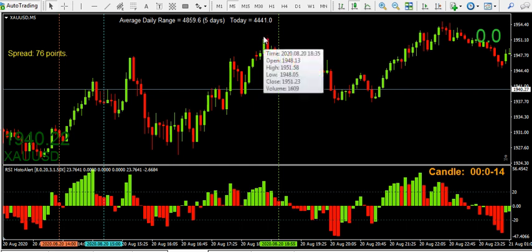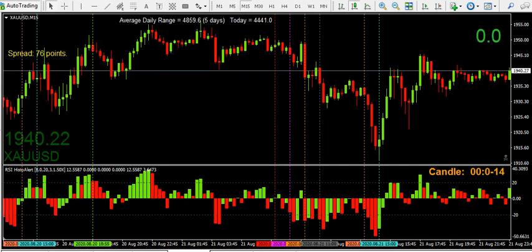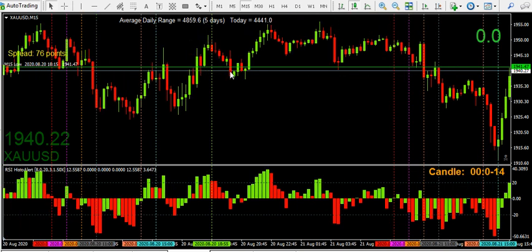So if we want to attack that 15-minute low, which was over here or there, let's just double check exactly where it is. Therefore, we can apply the logic of a 5-minute trend overrides a 1-minute trend.